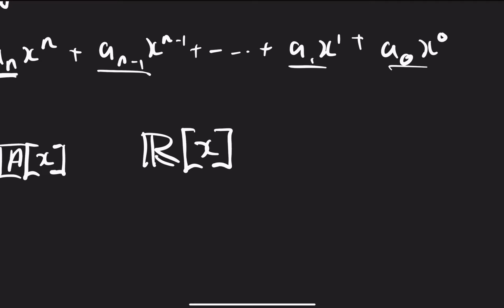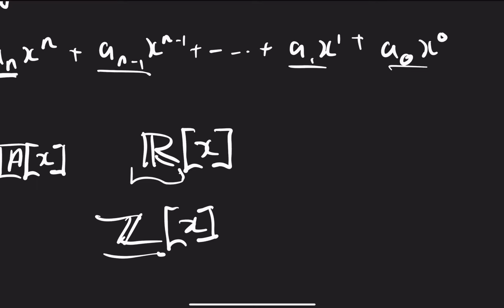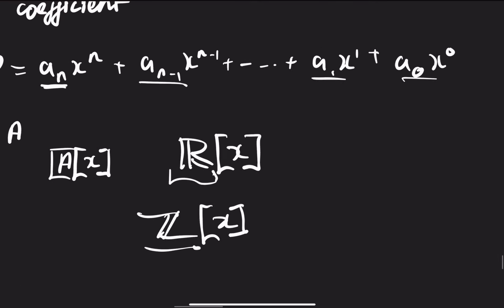That's just the set of all polynomials with real coefficients. In the same way, this is just the set of all polynomials with integer coefficients, right? But if there are no restrictions set, then the coefficients can be anything.